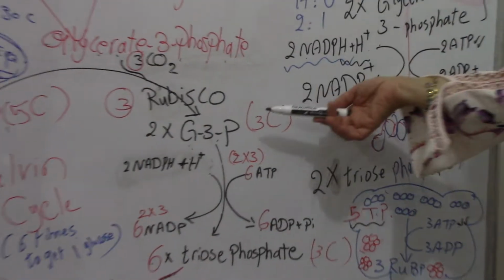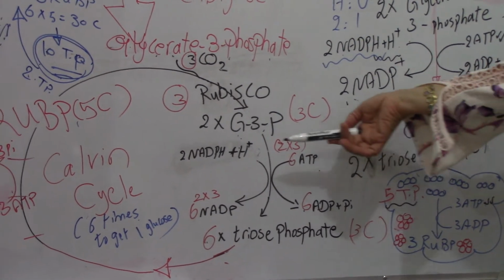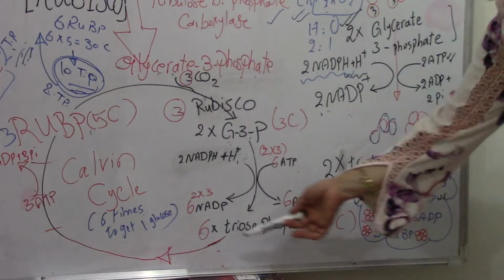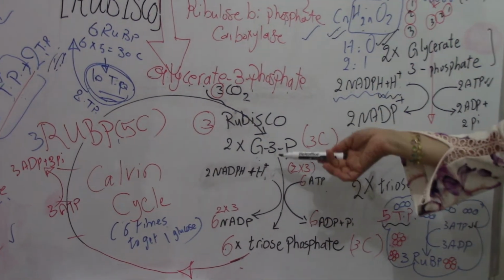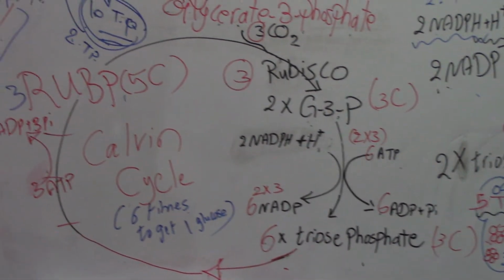And then glycerate 3-phosphate, in the presence of energy from ATP and hydrogen from reduced NADP, each glycerate phosphate will give 1 molecule of triose phosphate.